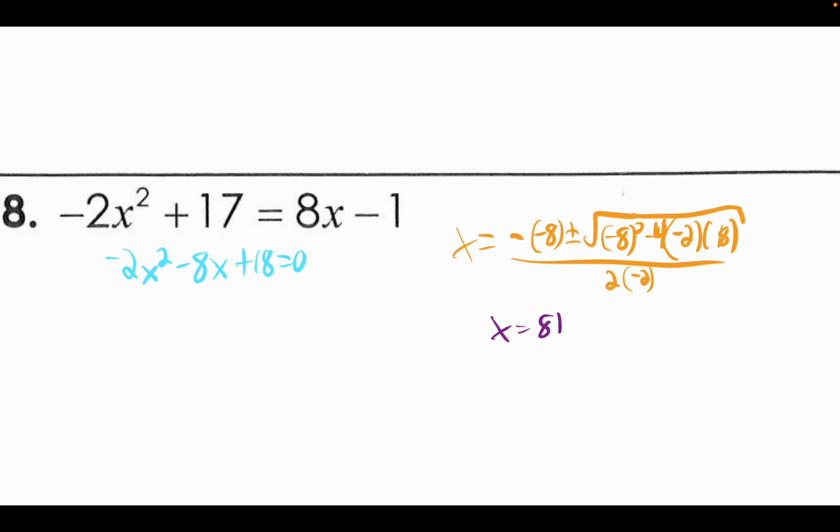And so that's 8 plus or minus the square root of 64 plus 144, all over negative 4.